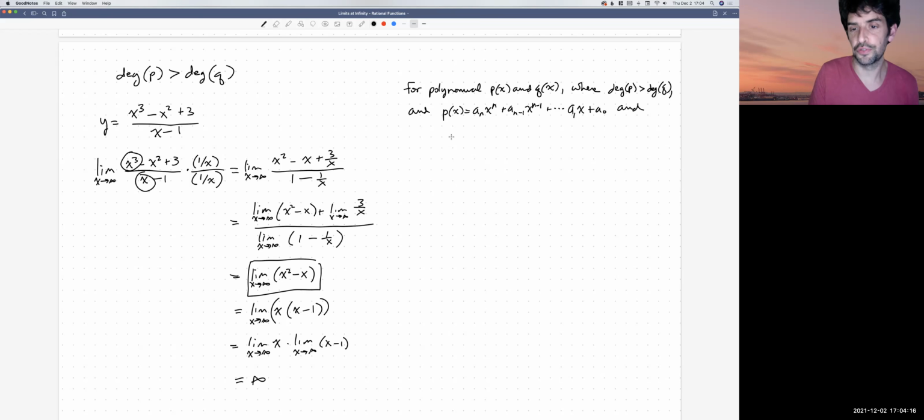Let's give symbols for q of x. q of x is going to be, its coefficients are b's.